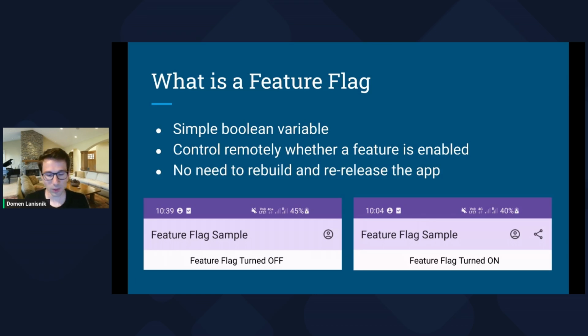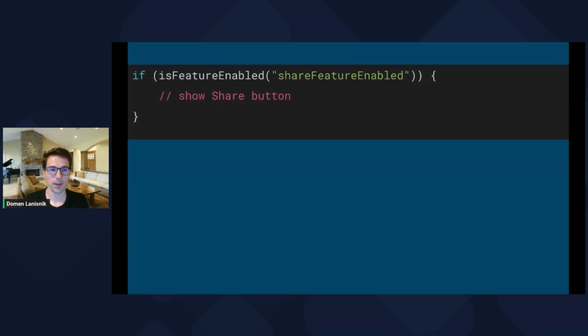This is quite a simple pattern, but we'll later see why it makes it powerful. To continue with this example, if we take a look at how this would look in code, it's essentially just an if statement. What we have here is a function called isFeatureEnabled. The details are not that important right now. We'll take a look at how this is implemented later when we get to the Firebase part.